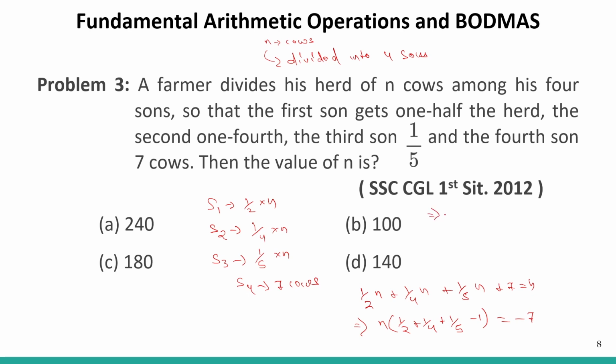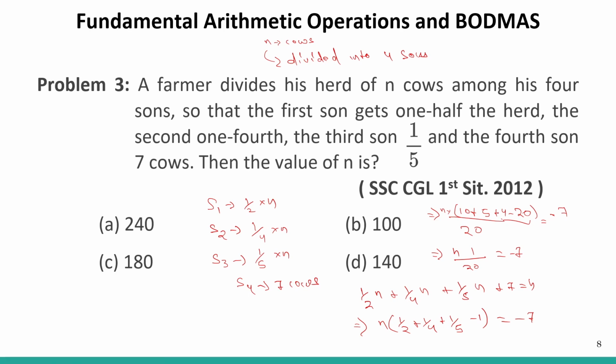The LCM will be 20. So n into (10 + 5 + 4 - 20)/20 is equal to -7.